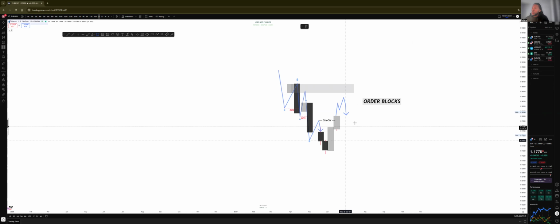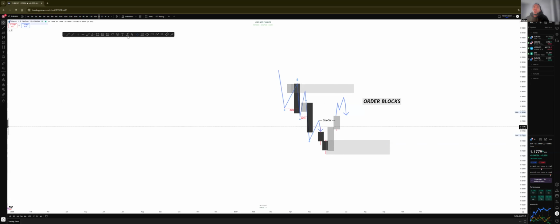This is how you mark your order block. Order blocks are marked from the wick to the wick, and then you pull to the right. So it's not the wick to the body. It's not the body to the body only. It's the wick to the bottom of the lowest wick of the candle that's being engulfed. Vice versa, same thing if it was bullish.